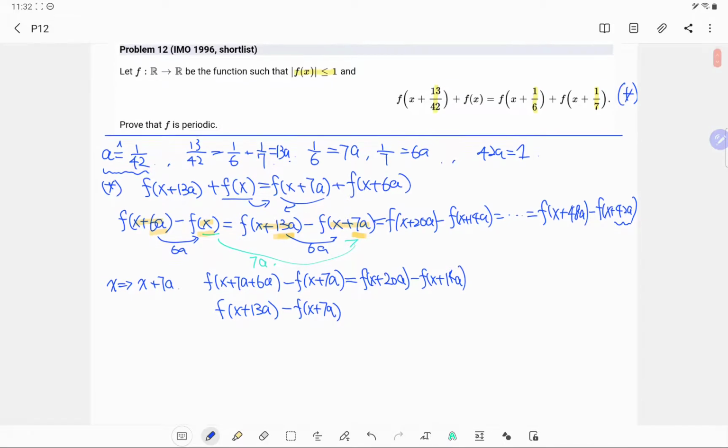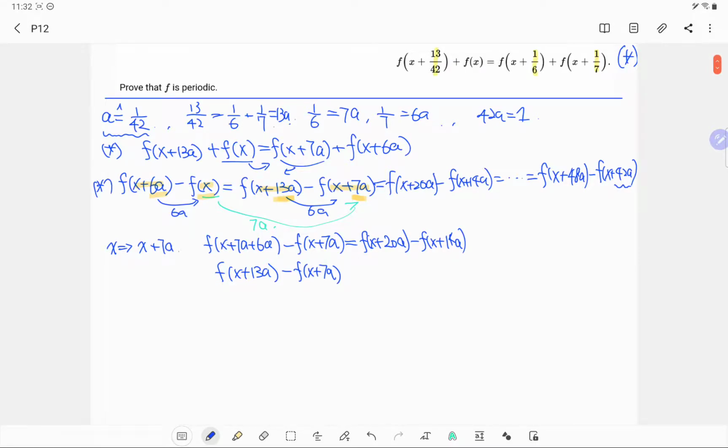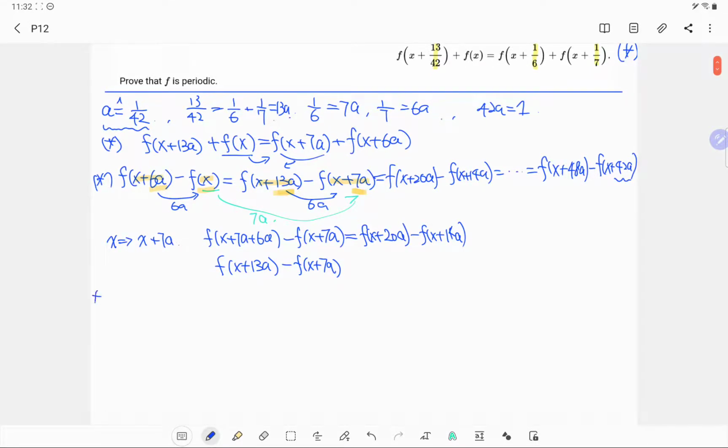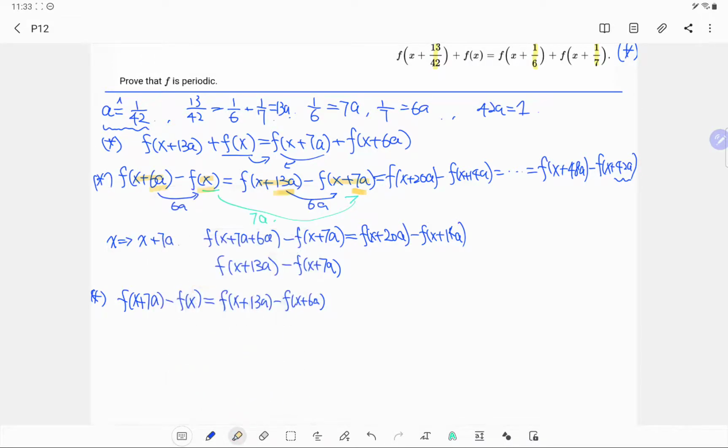which means that 42a is actually 1. Okay, for the original equation, we can rearrange the terms in another way, which is f(x + 7a) - f(x) = f(x + 13a) - f(x + 6a), which means that we simply exchange this term and this term.